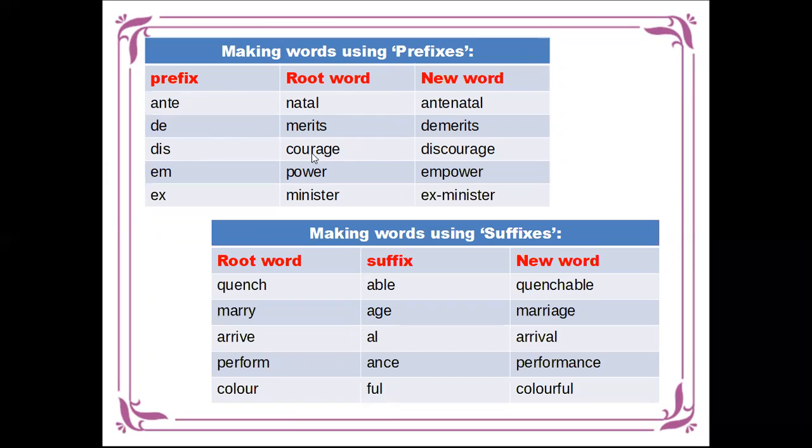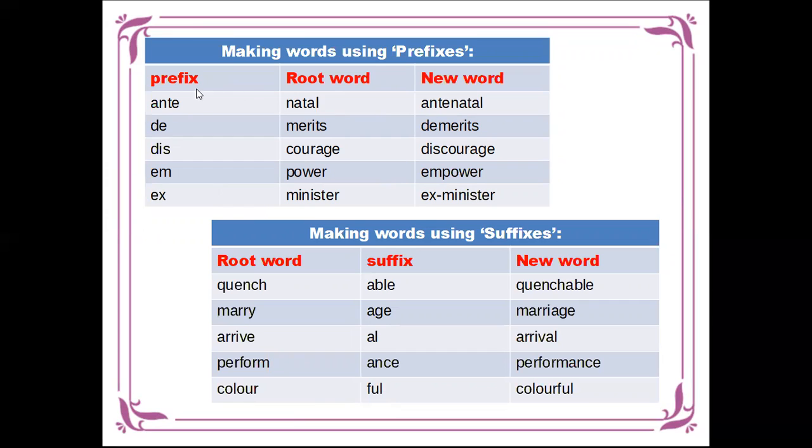Then courage is a root word, and if we add dis, we can get discourage. Power, empower, minister, ex-minister. So prefix is added to the beginning of a word to give a new word.